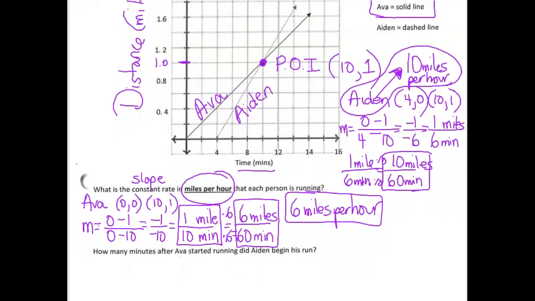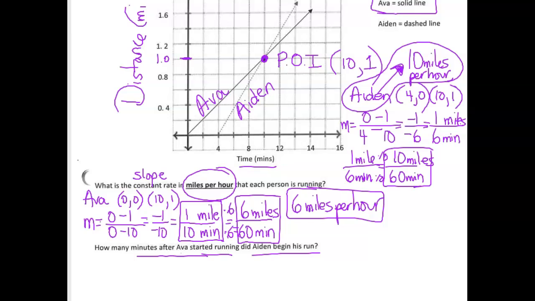It says, how many minutes after Ava started running did Aiden begin his run? I really wish I could change my color here. I can't. All right. So Ava started at 0 minutes.